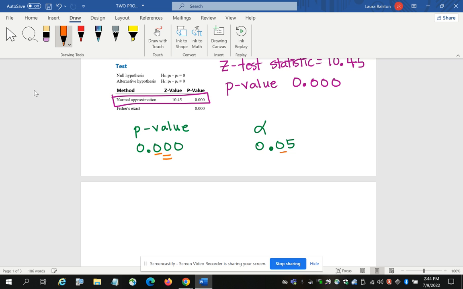Second digit for P is 0. For alpha, it is 5. 0 is less than or equal to 5, so the p-value is less than or equal to alpha. When P is less than or equal to alpha, we reject the null.